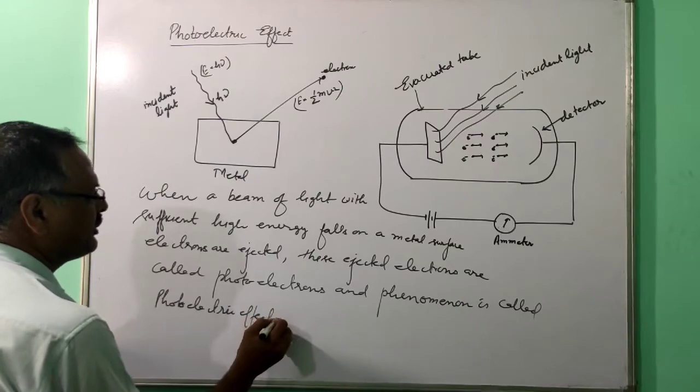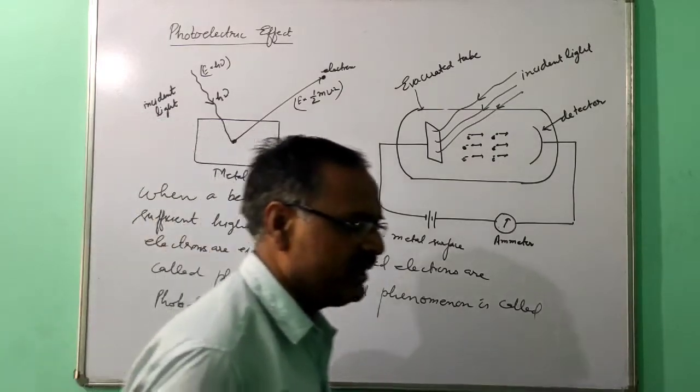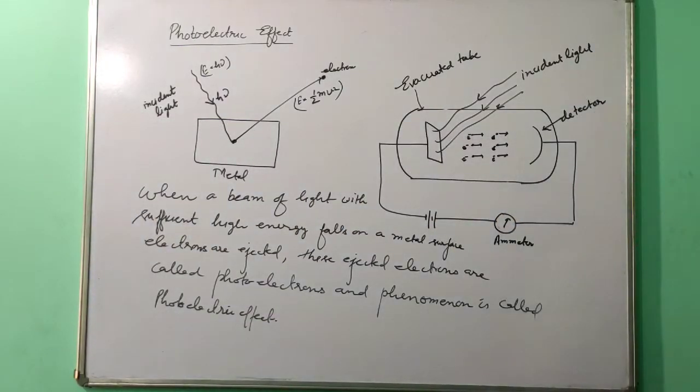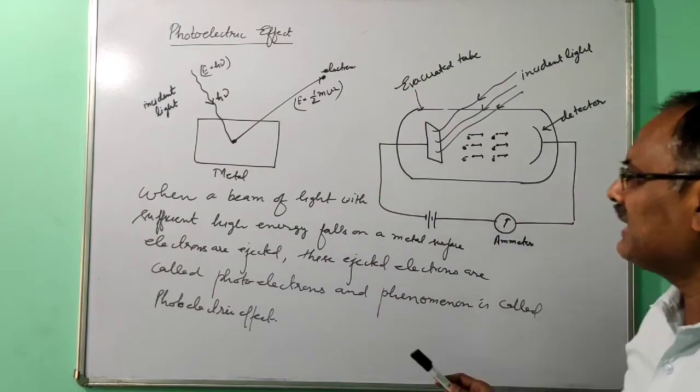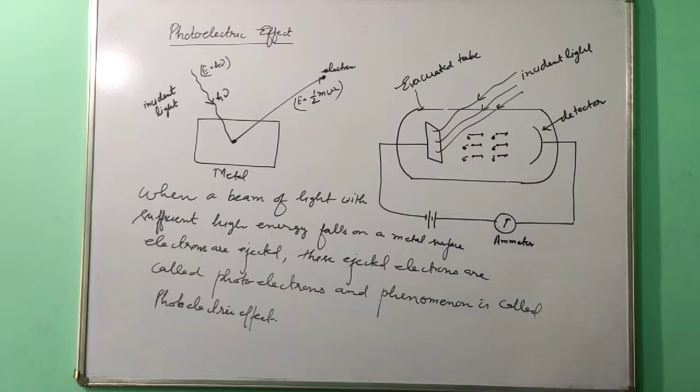So note down in your copy that when a beam of light with sufficiently high energy falls on a metal surface, electrons are ejected. These ejected electrons are called photoelectrons, and the phenomenon is called the photoelectric effect.